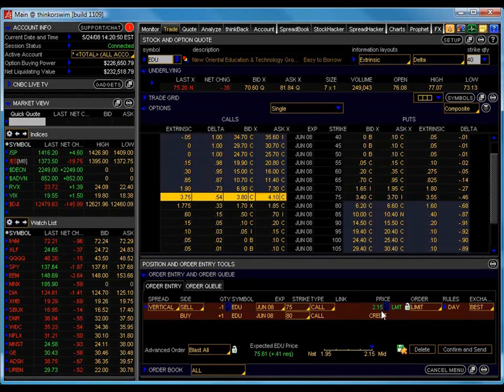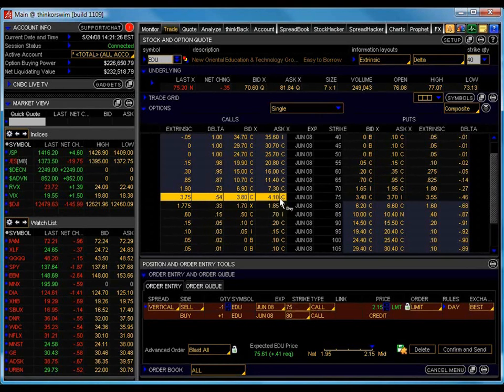We know ahead of time what our maximum profit is going to be. In this case, it's $2.15. That's the most that we can make on this trade. And our maximum loss is $2.85. How would the maximum loss be achieved? If the stock were to rally up past the 75 and close above $80, which is the price at our long call, then we will have lost.